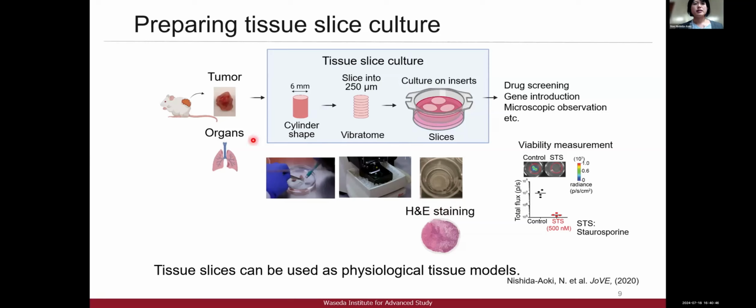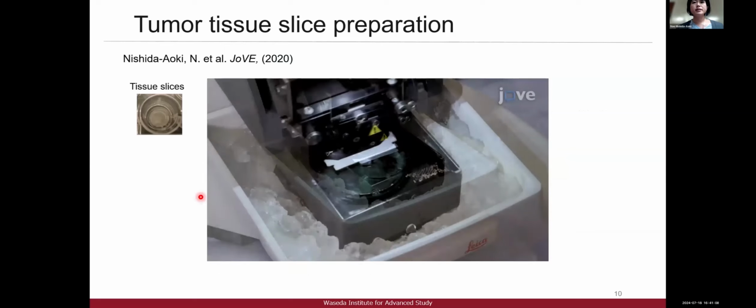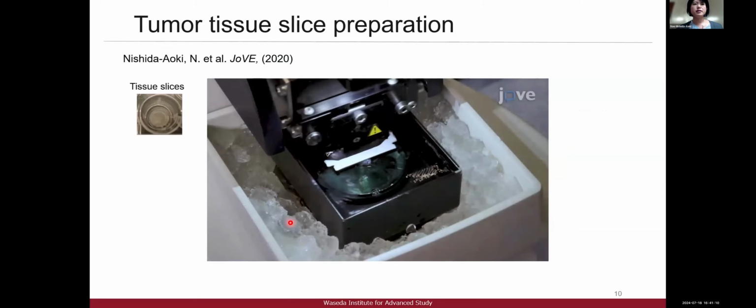And this tissue slice culture can be prepared from basically any kind of solid tissues like tumors, or other organs, and also patient tissues as well. And these are actual movies of the tissue slice preparations.